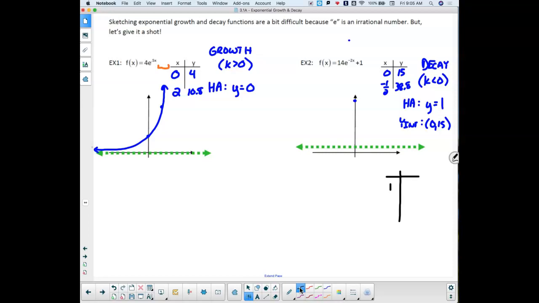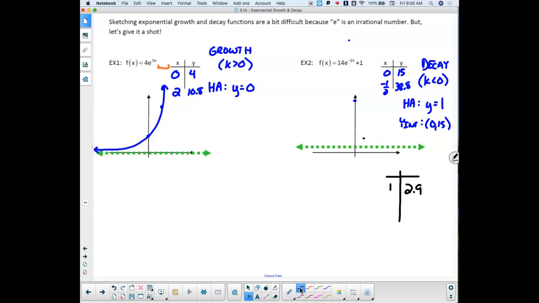So on yours, you would go e to the second of that one, then negative 2, then hit enter, and then times 14. 1.8 or 1.9-ish. Then plus 1 would be like 2.9-ish. You know what I mean? Or we could have done 2 or 3 or something like that.